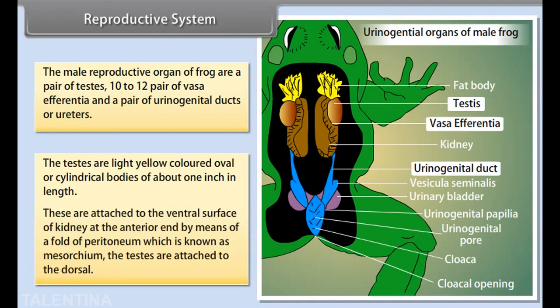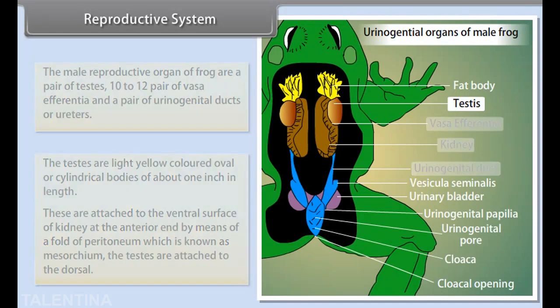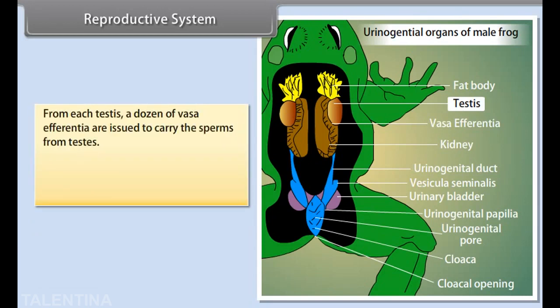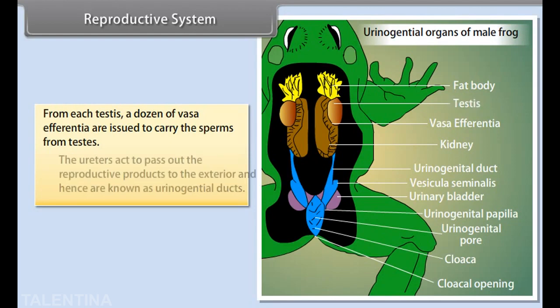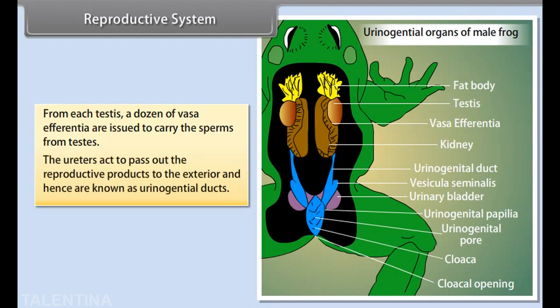These are attached to the ventral surface of kidney at the anterior end by means of a fold of peritoneum, which is known as mesorchium. From each testis, a dozen of vasa efferentia are issued to carry the sperm from testes. The ureters act to pass out the reproductive products to the exterior and hence are known as urinogenital ducts.